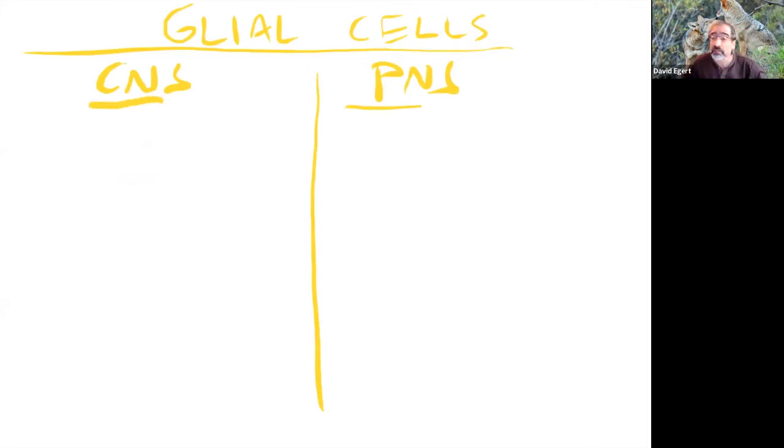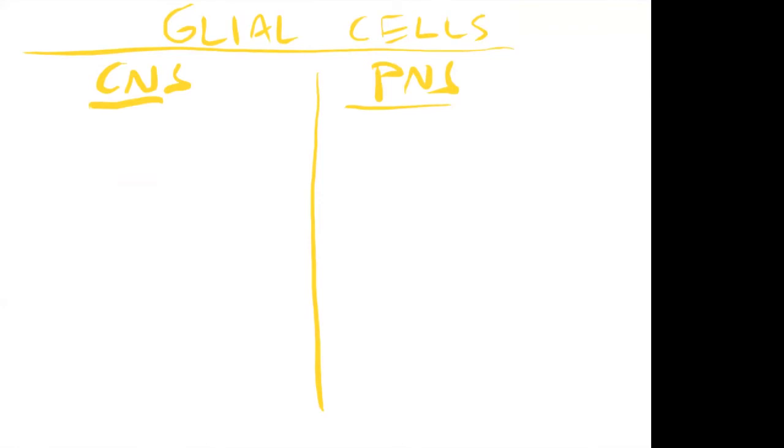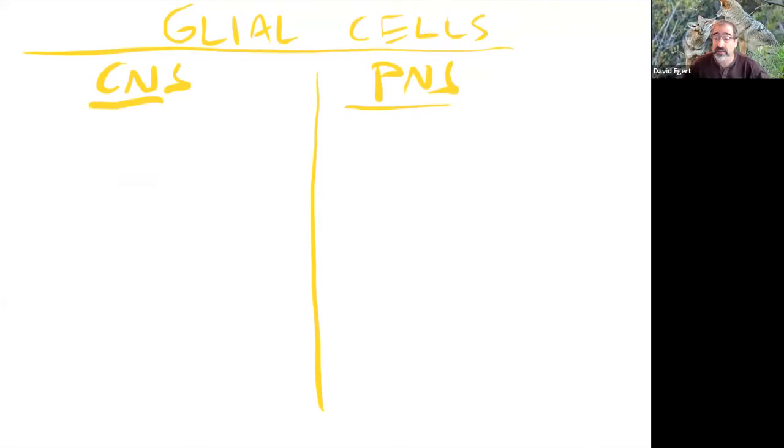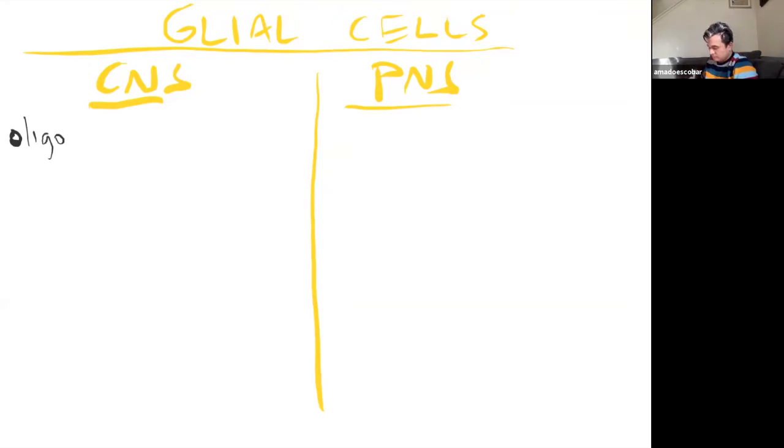Both CNS and PNS are going to need glial cells that myelinate axons. Remember, what was the function of myelin? To speed up the conduction. It's an insulation that speeds up the conduction of the action potential. So in the CNS, you have these things called oligodendrocytes.